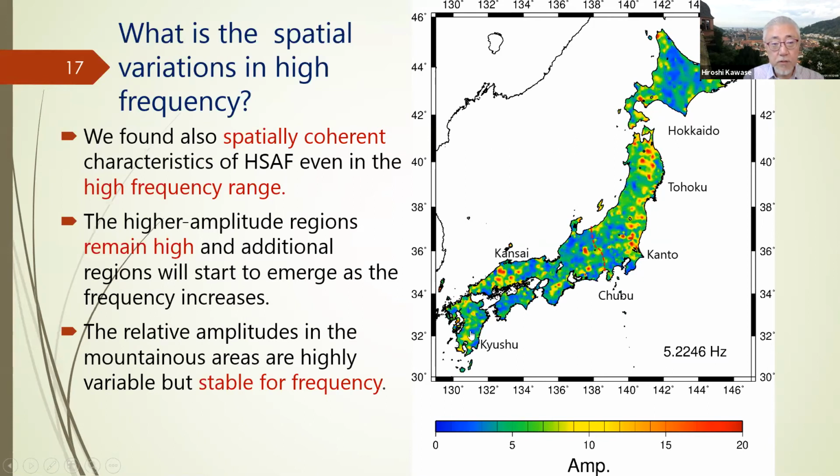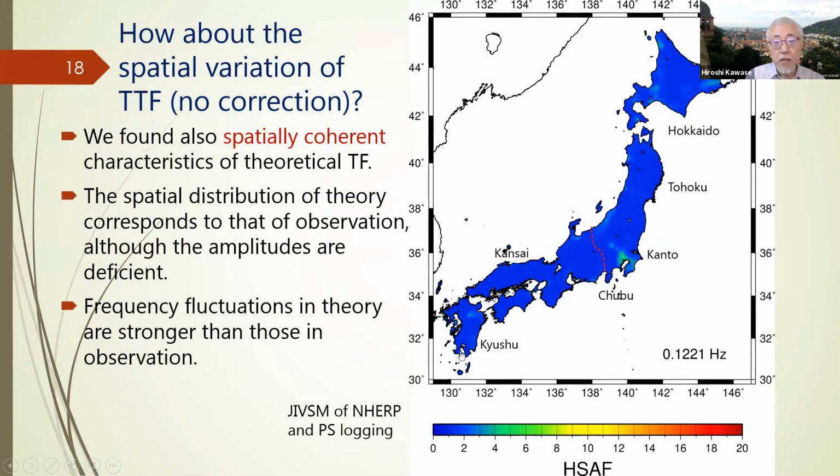This is quite different from the theoretical prediction for Japan. This is again the 1D theoretical transfer function based on the whole Japan deep sedimentary basin structure, in addition to the PS logging data of KiK-net sites.